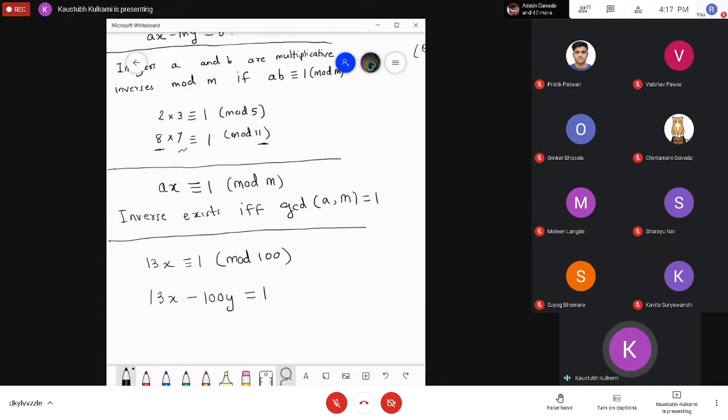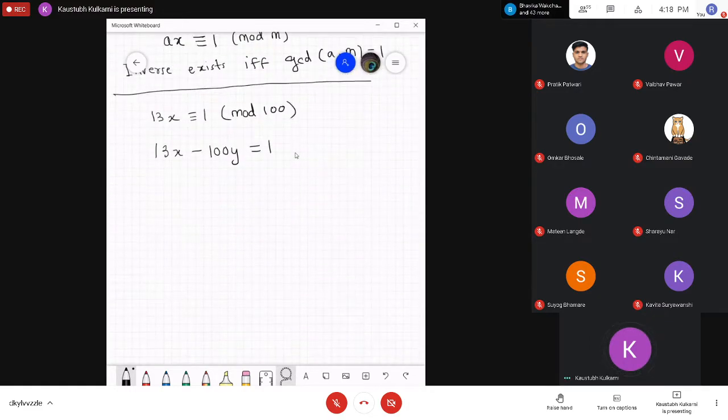Now if you recall, when we solved for the Euclidean algorithm, we expressed the GCD as a linear combination of the two numbers. In this case, our two numbers are 13 and 100, that is A and M. That's why we said that the inverse exists if and only if GCD is 1. Because there should be a 1 on the RHS, only then we can find the inverse. So let's apply the Euclidean and the extended Euclidean algorithm at the same time.